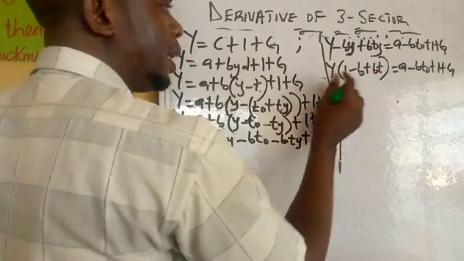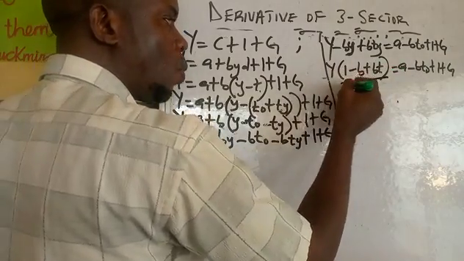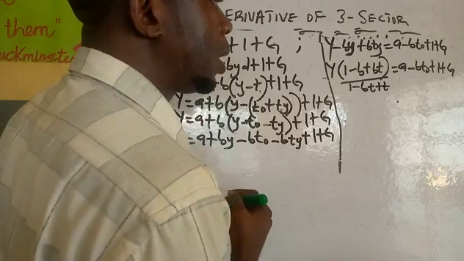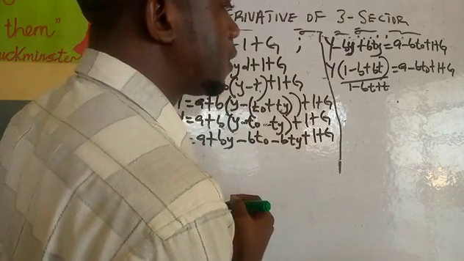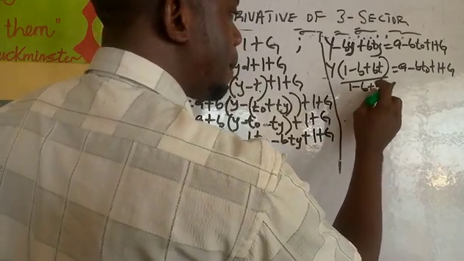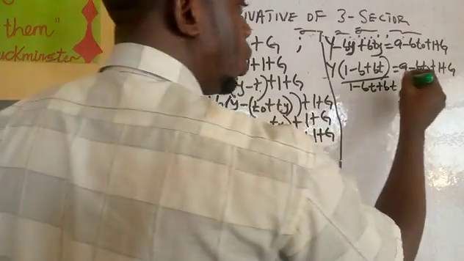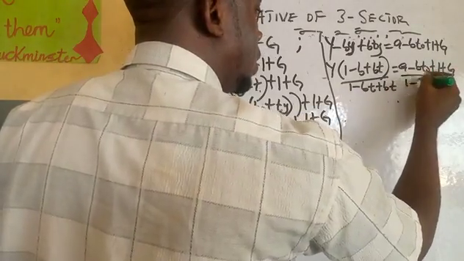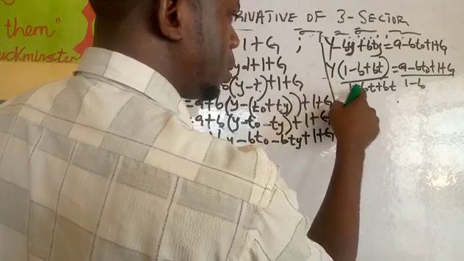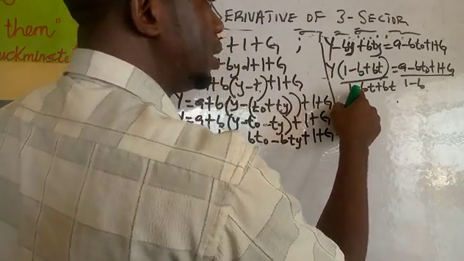We divide both sides by 1 minus b plus bt so that we can have y left. 1 minus b plus bt. Am I right? Very correct.